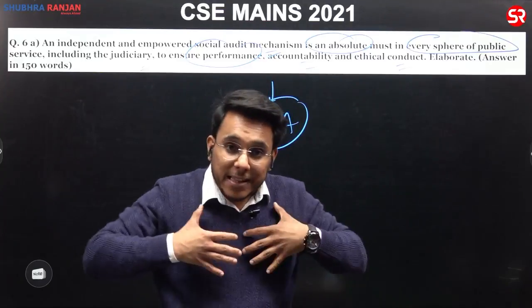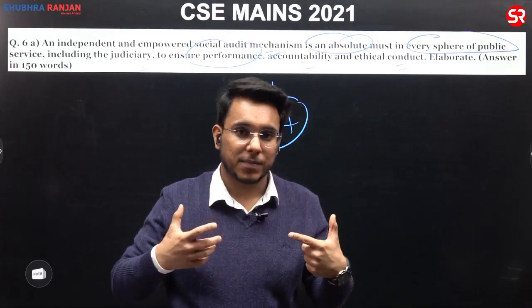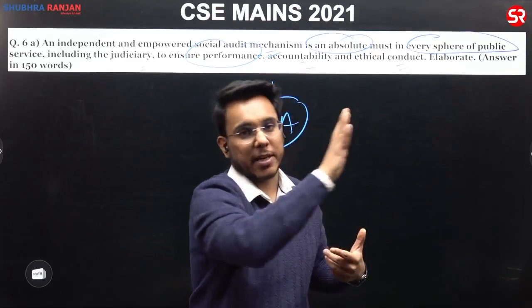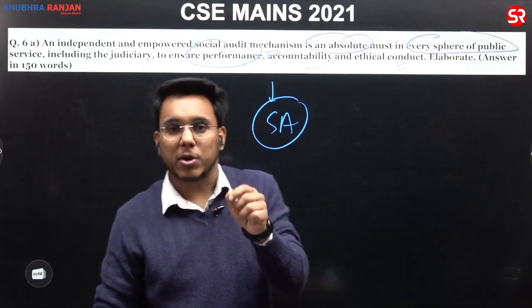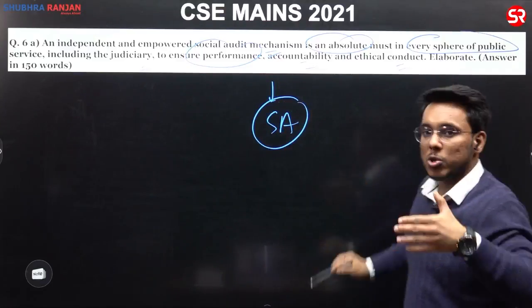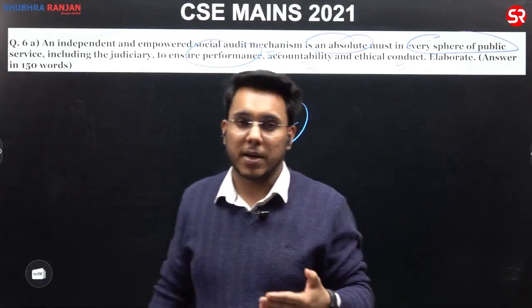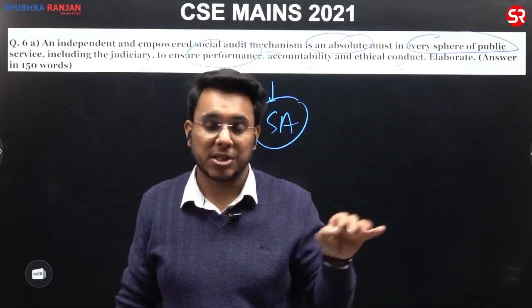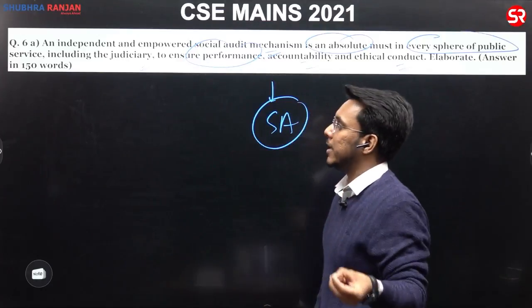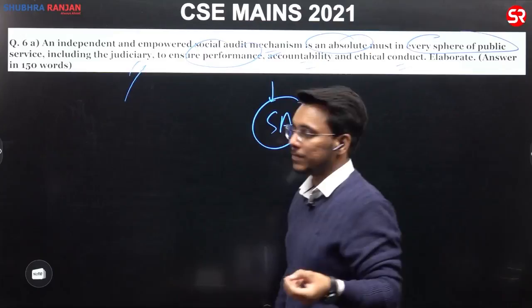Social audit gives them avenues to audit ongoing schemes, ongoing projects, and the functioning. Now, for example, in MGNREGA, there is a social audit, a written social audit, but only in a few specific spheres. In every sphere social audit is very important, including the judiciary.